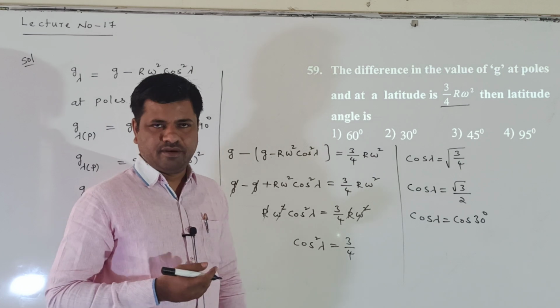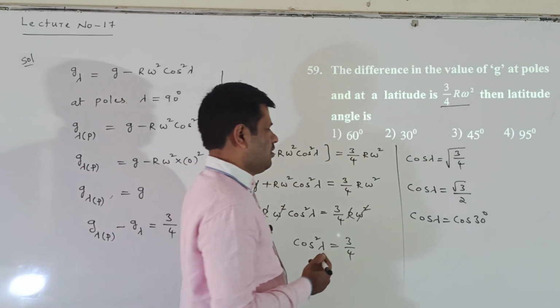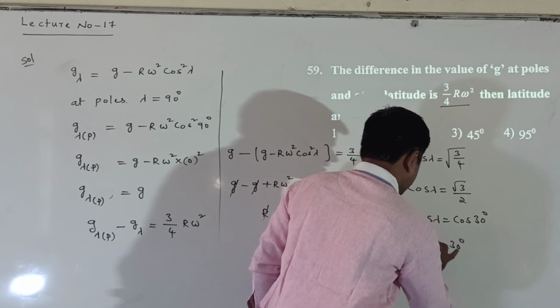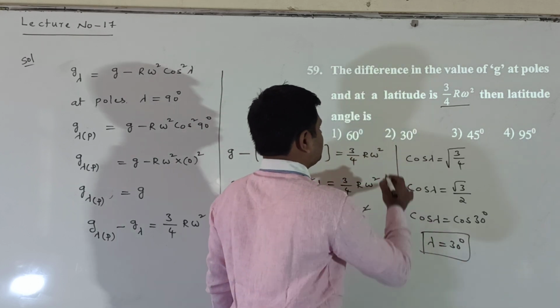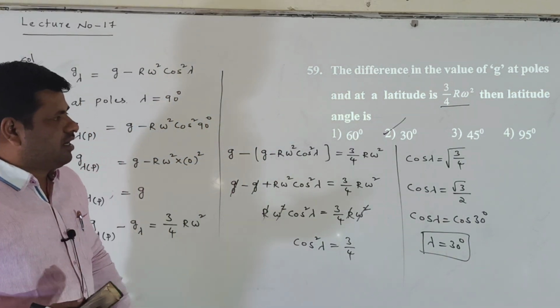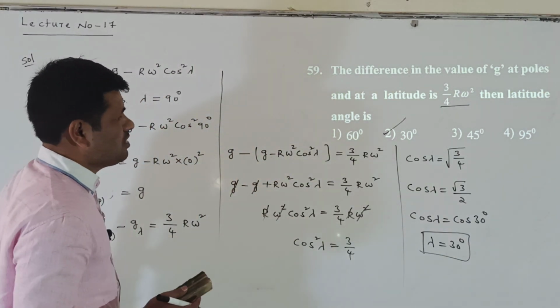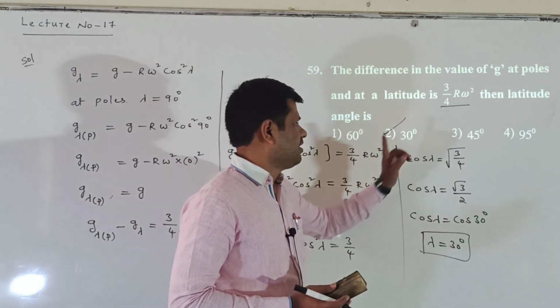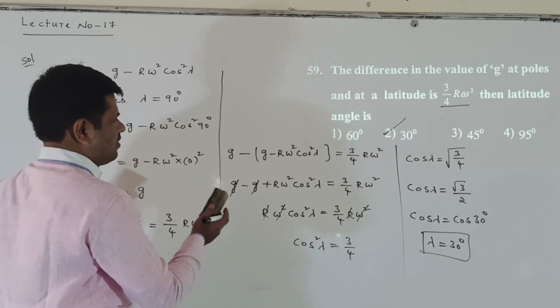Now the cos gets cancelled, so the lambda value is 30 degrees. So which option is correct here? The second option is correct. The latitude angle is 30 degrees.